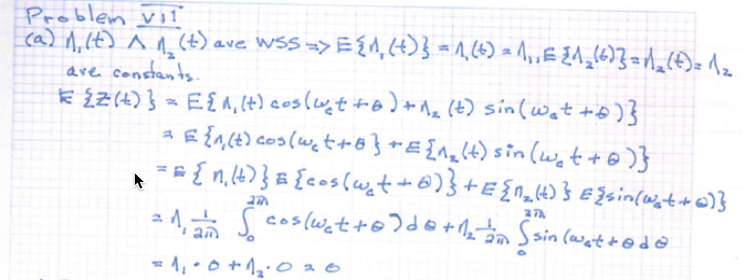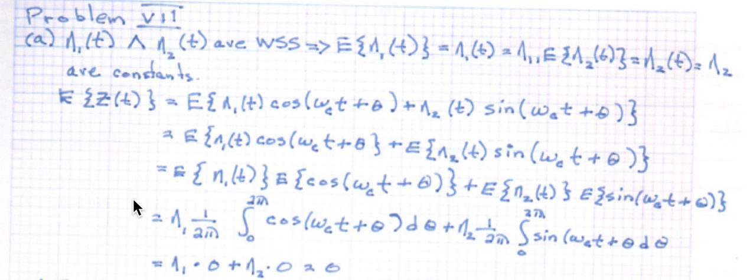In evaluation, we basically break the two components apart, where we end up with separately the expected value of eta 1 of t, the cosine of omega sub c t plus theta, plus the expected value of eta sub 2 of t, the sine of omega sub c t plus theta.